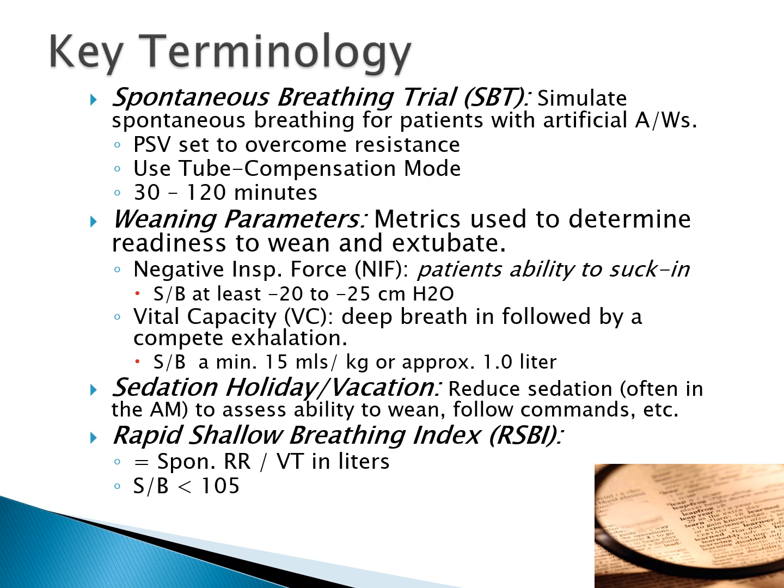it's not really because of respiratory causes, it's because of other causes. Rapid shallow breathing index, some argue, is another weaning parameter, where you're looking at the spontaneous respiratory rate as the numerator, the top number, and then the tidal volume as the denominator, expressed as a decimal in liters.